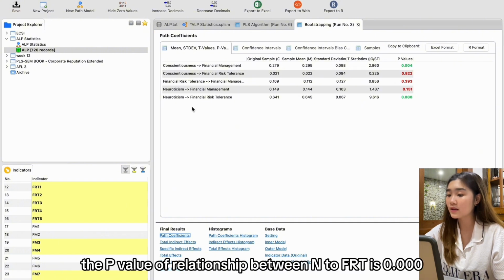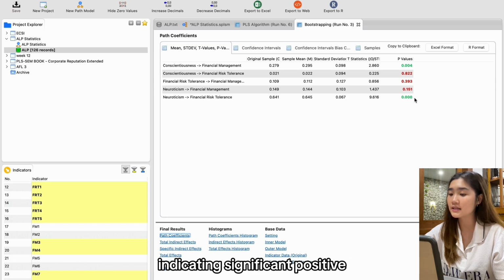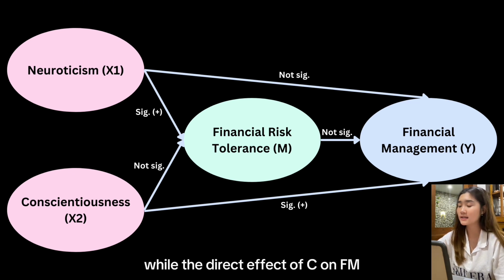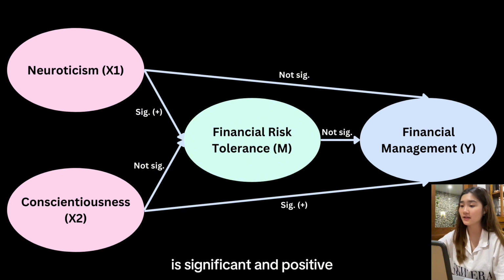Last one, the p-value of the relationship between N and FRT is 0.000, indicating significant positive. So the direct effect of N on FM is not significant, while the direct effect of C on FM is significant and positive.